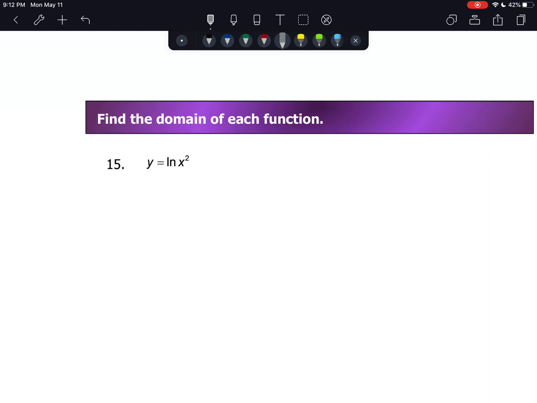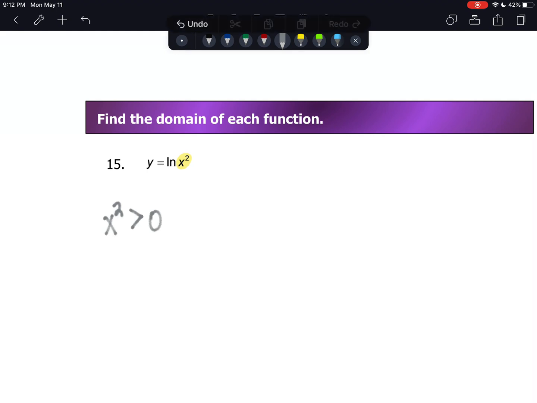Okay, y equals the natural log of x squared. So my first step is to take the argument, which is x squared, and set it greater than 0. Now, when will x squared be greater than 0?